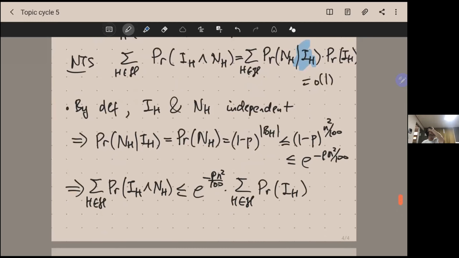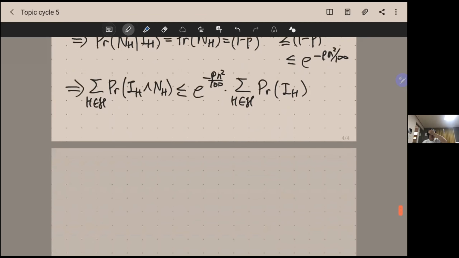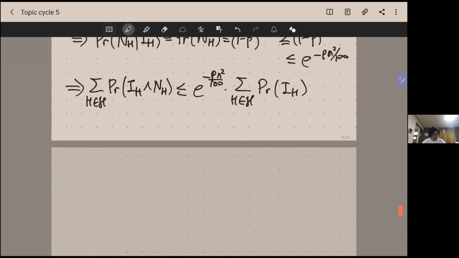Okay, but what is the second one? The inclusion probability is also easy to estimate. This is at most, let's copy down the first term. The inclusion probability: we know that each graph in script H has edges between 0 and delta p n squared, right?